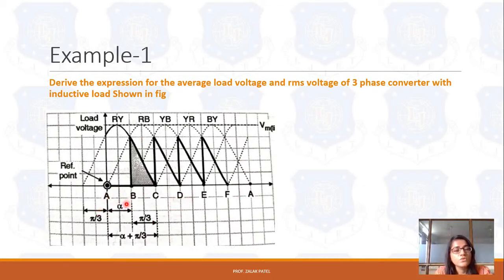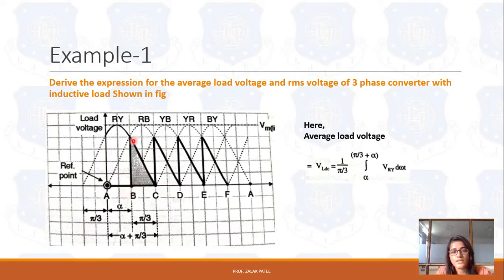Please note that the firing angle alpha will start from pi by 3. In this case the average load voltage is required like this: 1 upon pi by 3, from alpha to pi by 3 plus alpha. From this point to this point, this dark portion we have to consider.